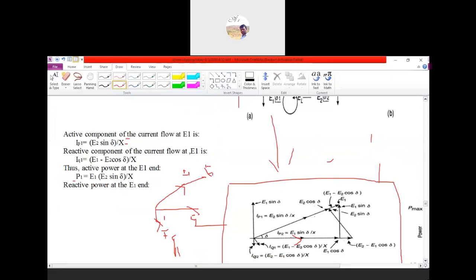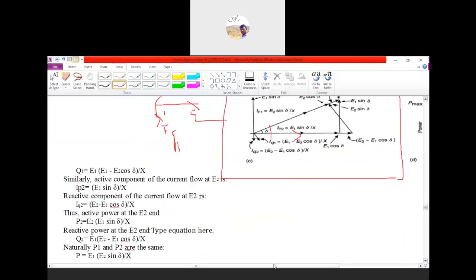We have generator 1 and generator 2, and in between we will discuss how real power and how reactive power flow.